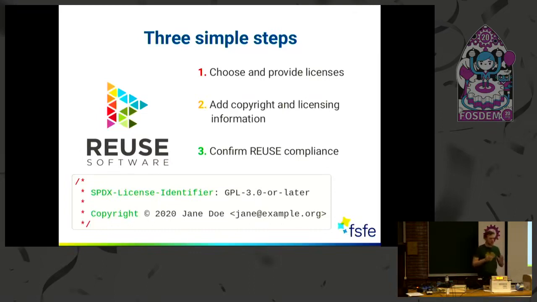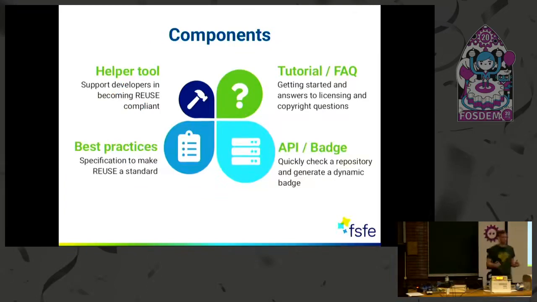So this sounds quite theoretical. We made it practical. We have the reuse helper tool, which helps you in becoming reuse compliant. So this doesn't only check whether you're reuse compliant, but also gives a tool to initialize your repository, to download the license texts, so you don't have to find them on the internet from different sources.